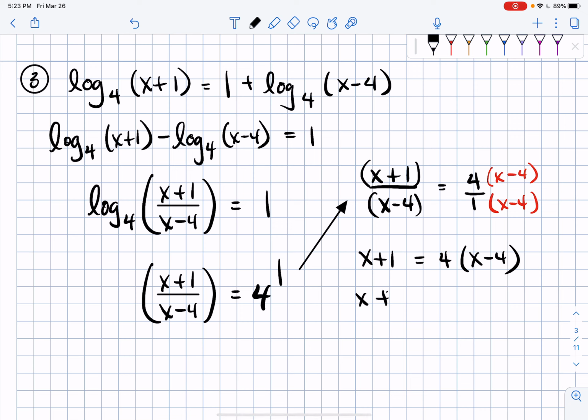X plus 1 is equal to 4x minus 16. Let's subtract the x over and add the 16 over. So x is going to equal 17 divided by 3, which is choice C.